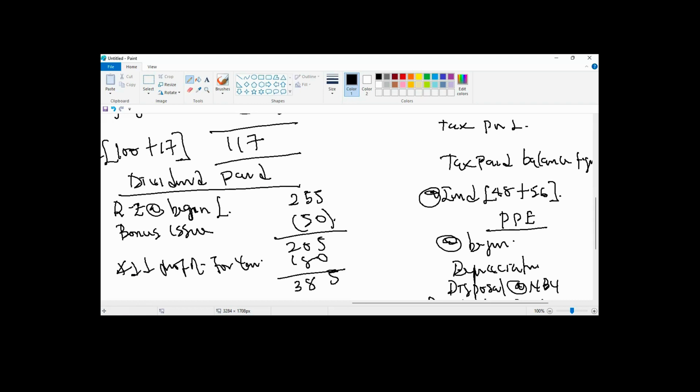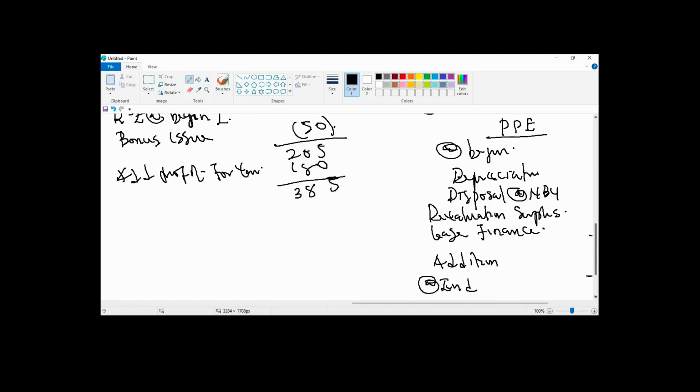Then I will less retained earning at the end. What is the retained earning at the end? 229. This will now give me dividend paid. How much is dividend paid now? $156.